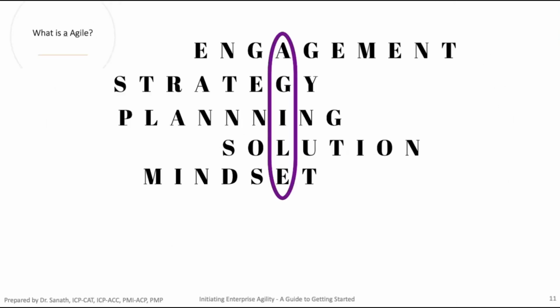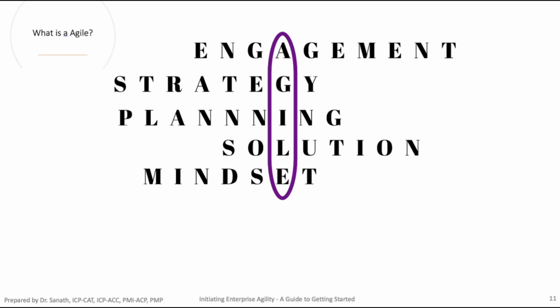In the simplest of terms, I would say Agile is just these 5 words combined. Looking at engagement between the team and stakeholders, between the team and the leadership. So everybody is engaged. You're looking at strategy. A lot of strategy involved. In Agile, we talk about roadmap and things like that.